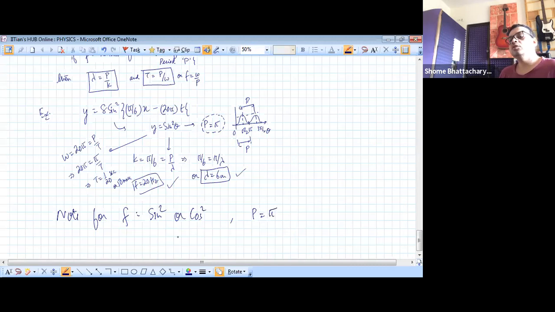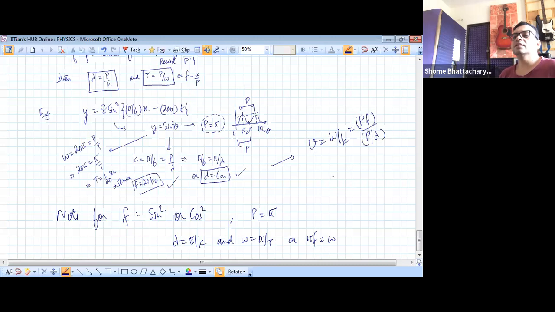So your lambda will become pi by k, and omega will become pi by time period, or pi f will be equal to omega, where f is the frequency. And further, one more thing, v is equal to omega by k. So that is nothing but fundamental period into frequency divided by fundamental period divided by lambda. So that's how we get the relation that v is equal to f lambda.